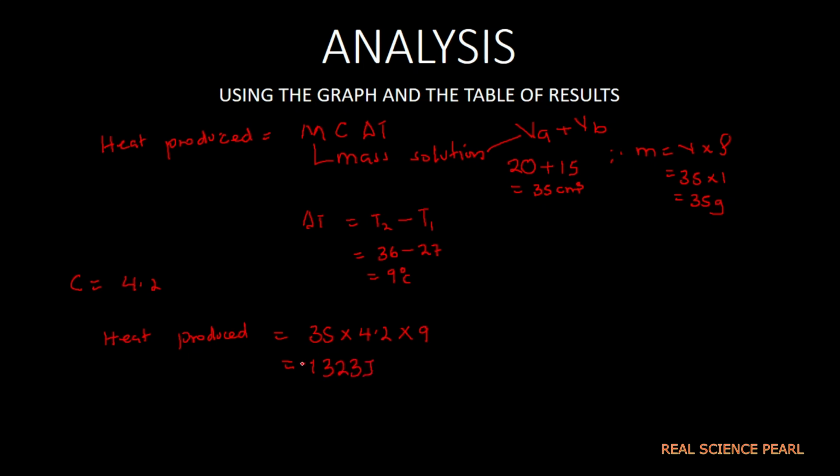Then I assign a negative because the reaction is exothermic, or I can simply divide by 1000 to make my answer negative 1.323 kilojoules, like that. So for my reaction, that is neutralization, using my results, the enthalpy of neutralization is negative 1323 joules, simply because the reaction is exothermic. That's why I've assigned a negative.